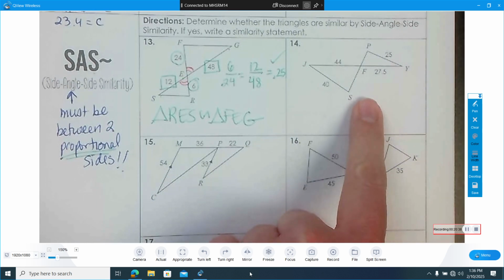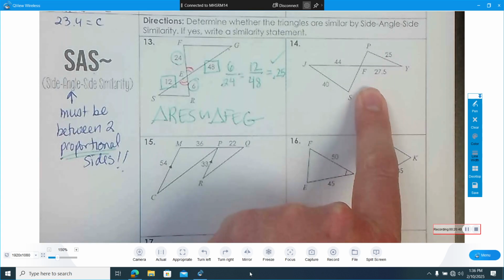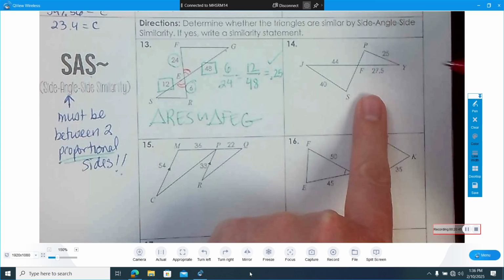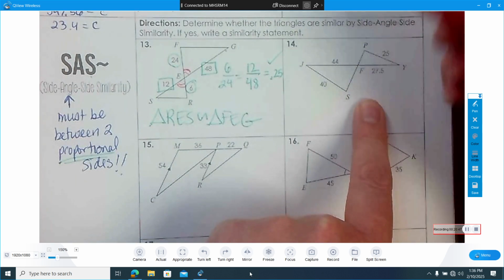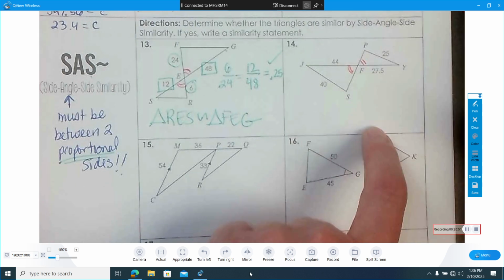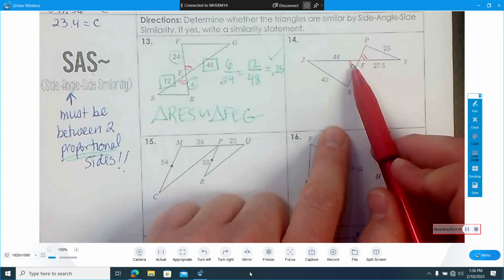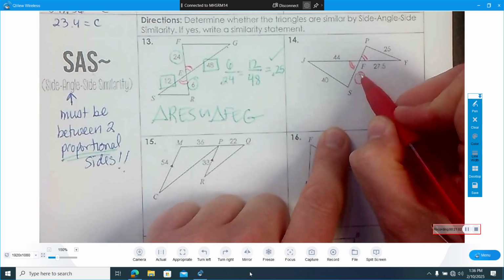Let's look at number 14 really fast. Do I have a pair of congruent angles? JFS and PFY. Very good. Again, vertical angles are congruent. Does that help me here? Do I have side, then angle, then another side?